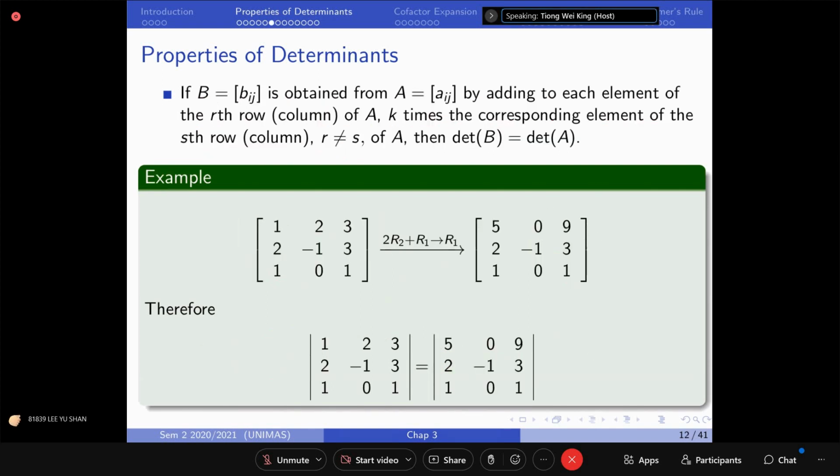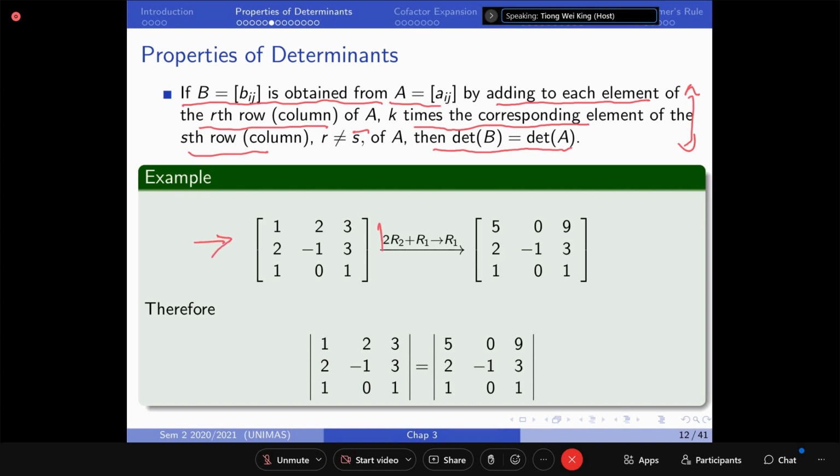Okay, next is another row operation. If matrix B is obtained from matrix A by adding to each element of row R of A k times the corresponding element of row S, then determinant A equals determinant B. Now, this wording is quite long, maybe you cannot imagine it, so just look at our example here.